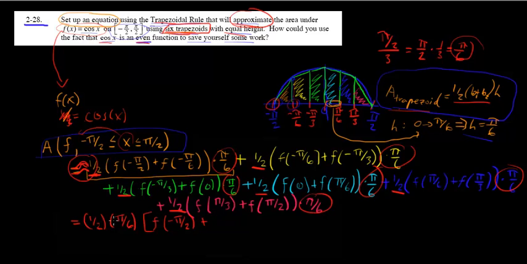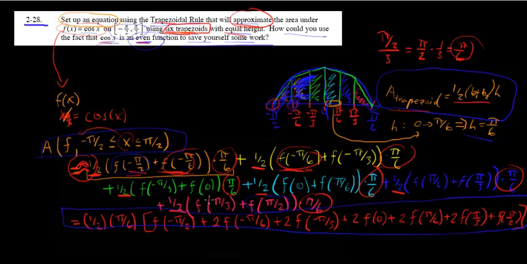So we could factor those out, and basically what we're left with is f of negative pi over 2, straight from here, plus f of negative pi over 6, plus f of negative pi over 6. So we have two of those, we could just say 2, plus 2f of negative pi over 3, and so on.